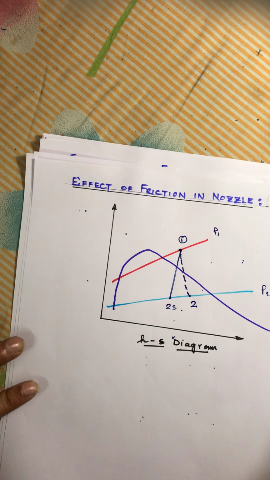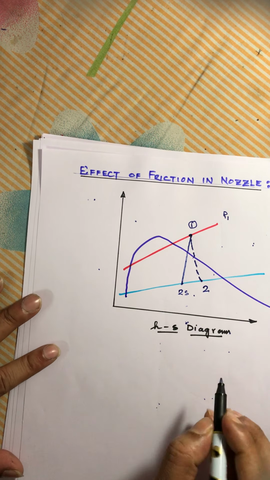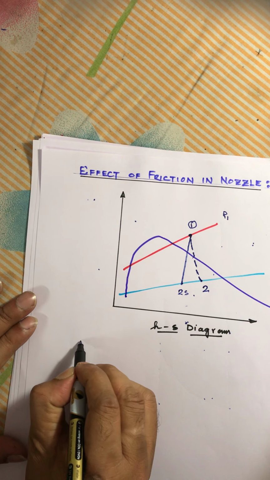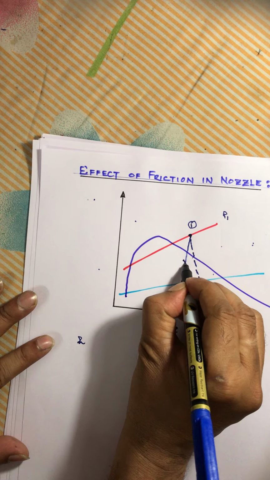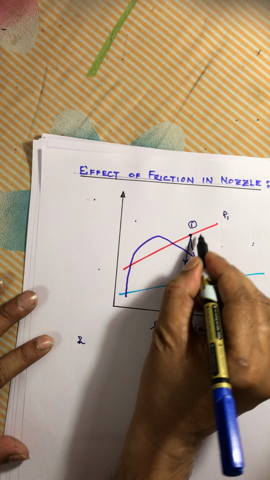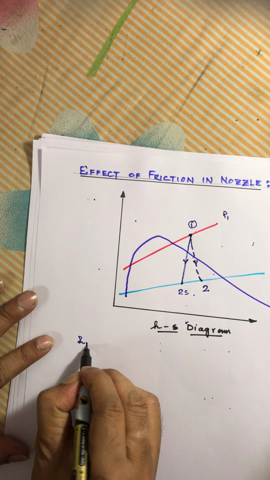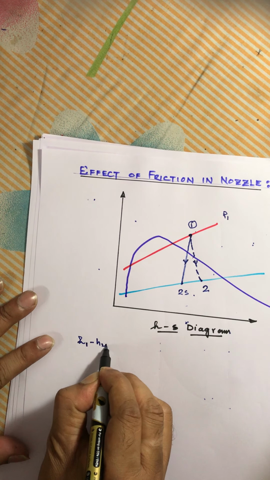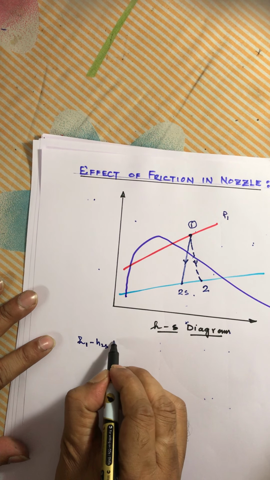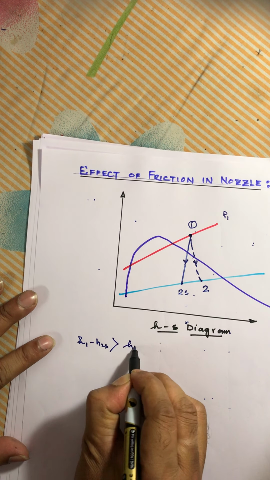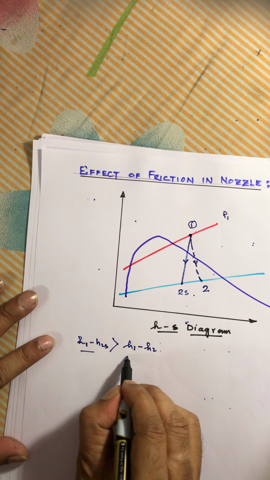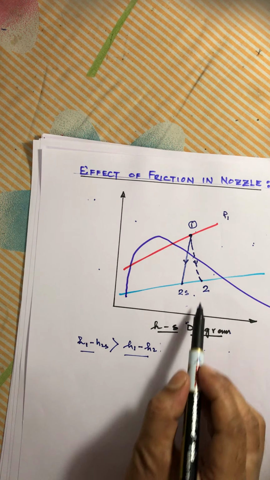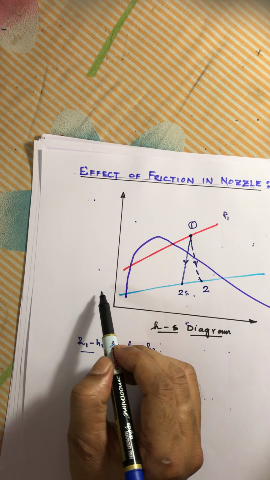So, from this diagram it is obvious that the enthalpy drop in the adiabatic case, that is H1 minus H2s, is greater than that of H1 minus H2, and due to the friction the enthalpy drop is going to decrease.